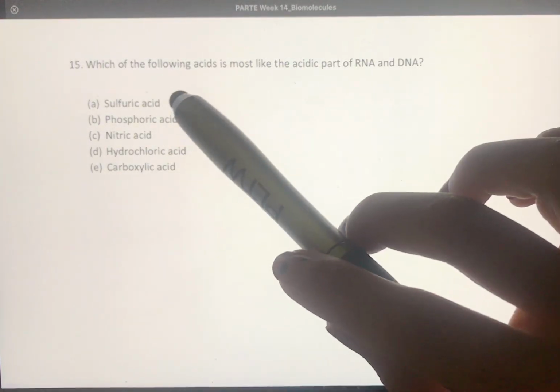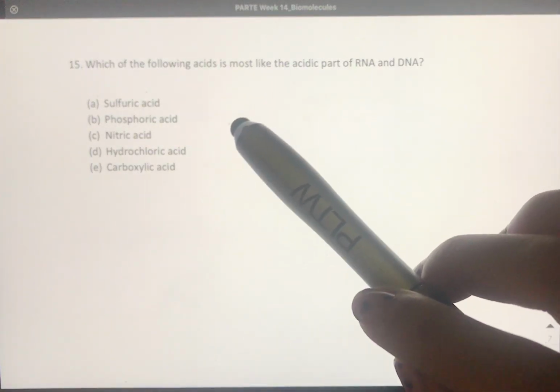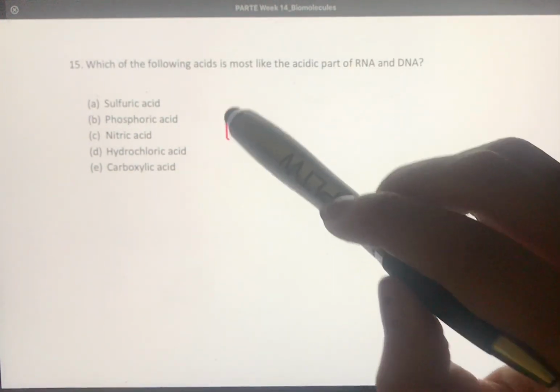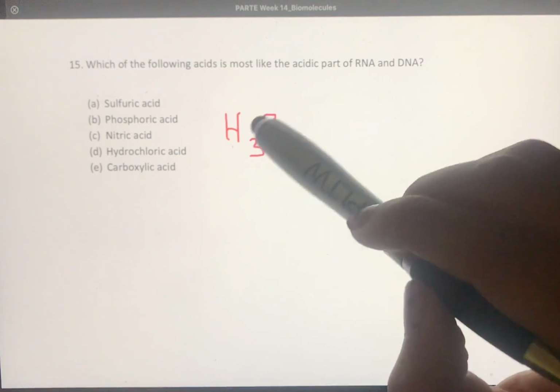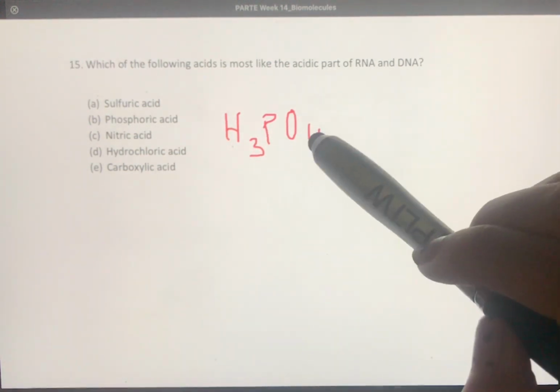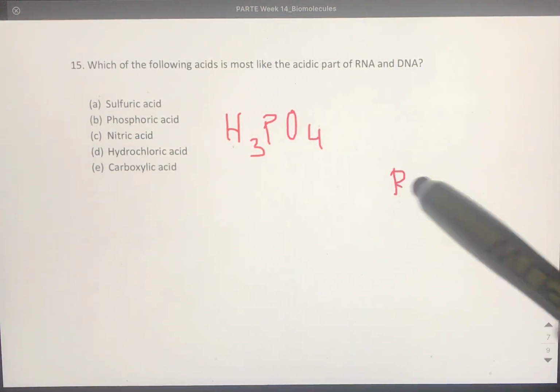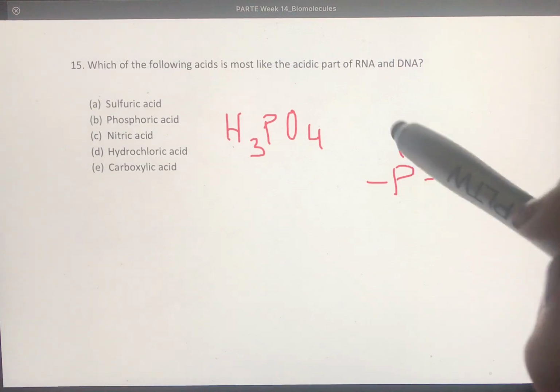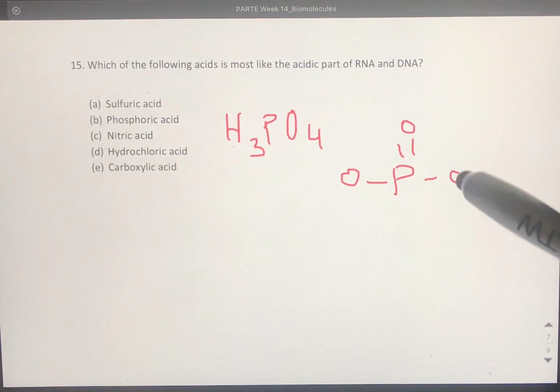A is sulfuric acid. We don't have any sulfur in our DNA. Phosphoric acid, which is H3PO4, sounds pretty promising because it looks very, very similar to our phosphate.